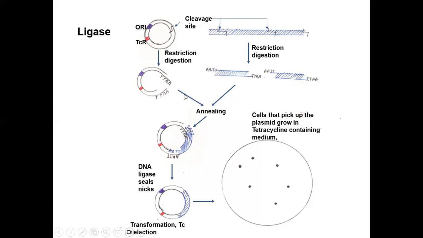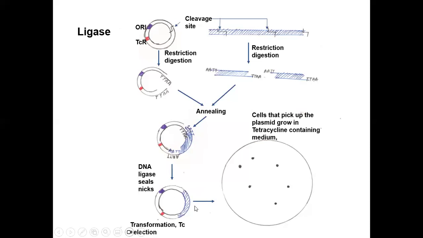We then mix the two and allow the annealing reaction to take place. And then we add the enzyme DNA ligase and the ligase buffer, and we allow the ligation reaction to take place, where the ends are sealed by formation of a phosphodiester bond by the activity of the enzyme DNA ligase.